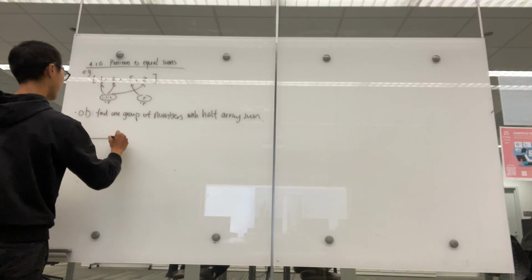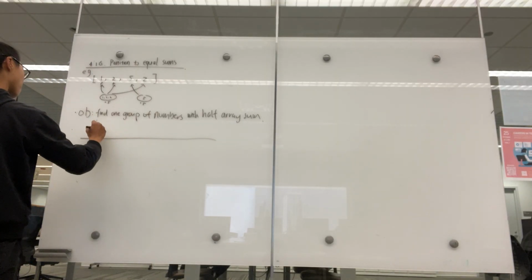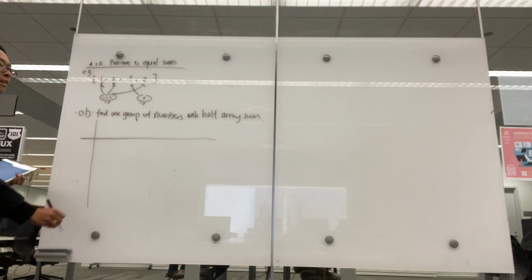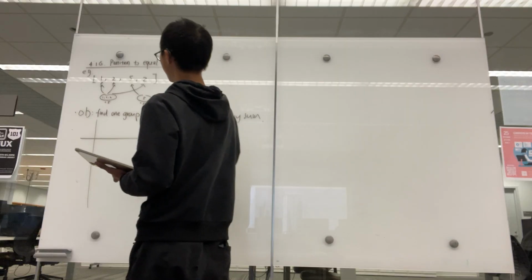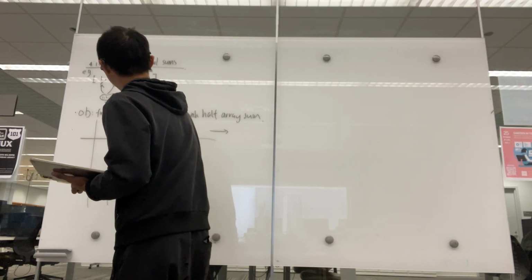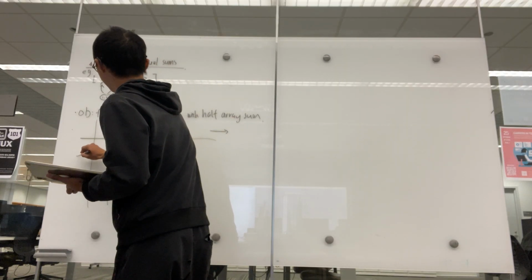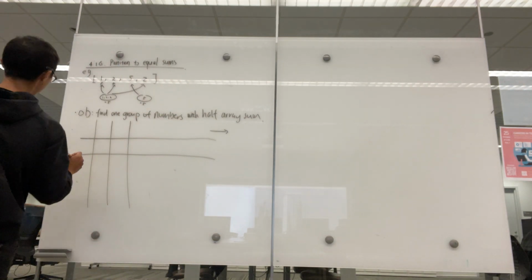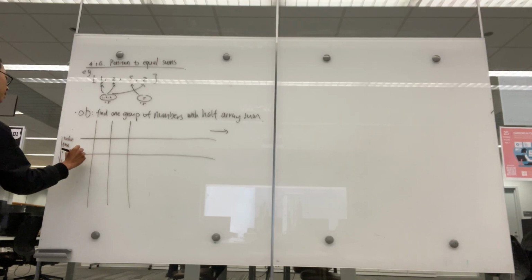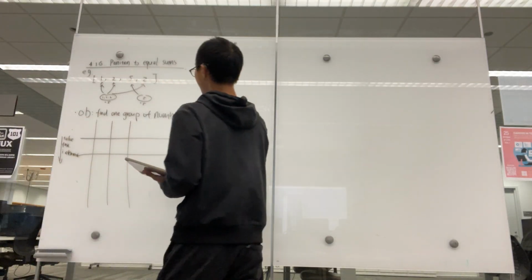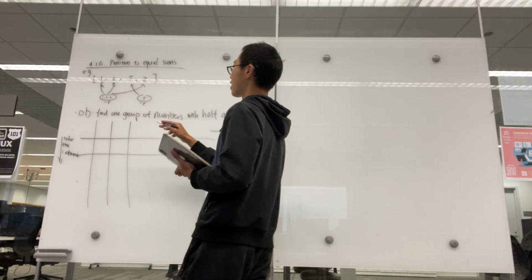So let's draw a dynamic programming table. For this row, we will say that the idea is taking the first I elements, and whether we can satisfy the target sum.